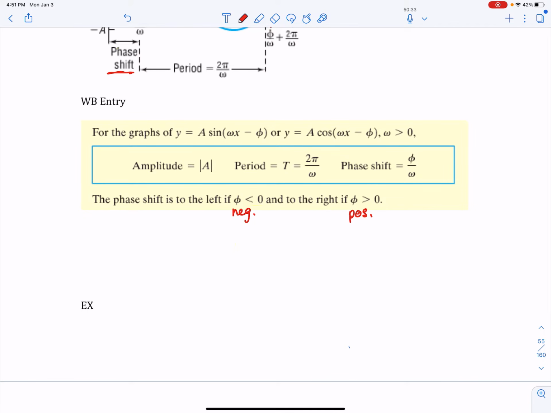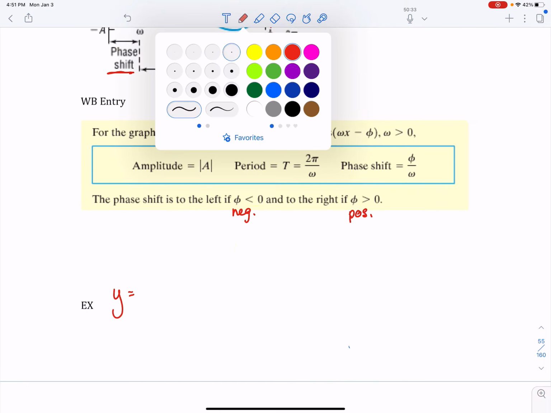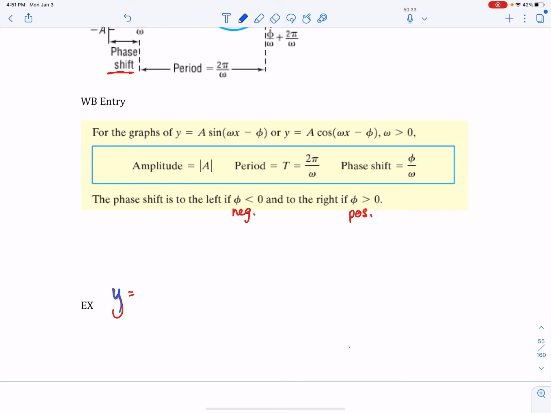Just really quickly, if I had this equation, y equals 3 sine of 4x minus 3, and I had to find the phase shift, I would use the formula phi over omega.